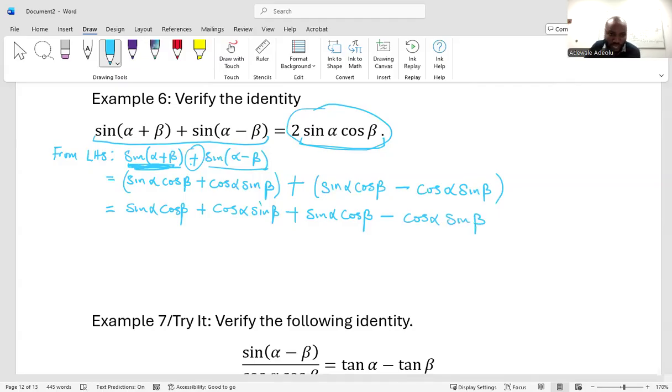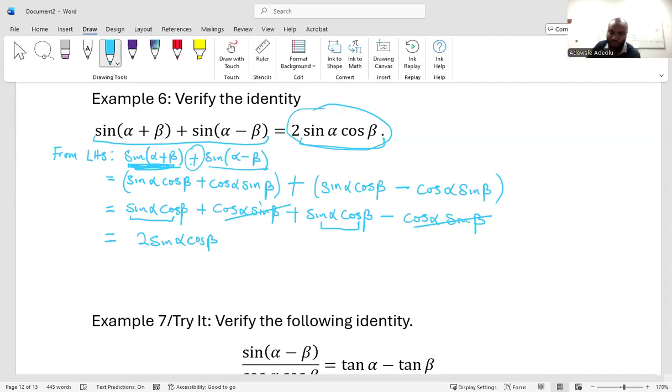Now let us look at what we have. This is sine of alpha cosine of beta, and sine of alpha cosine of beta. I have two of that, so that is 2 sine of alpha cosine of beta. Here I have cosine of alpha sine of beta minus cosine of alpha sine of beta.